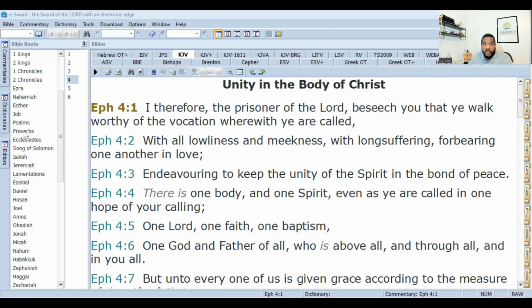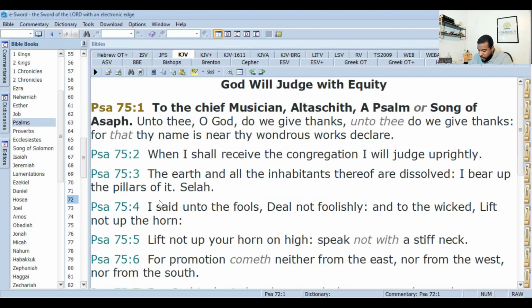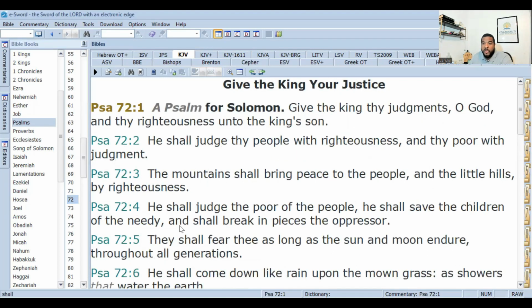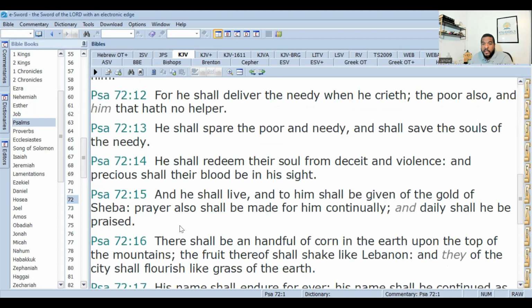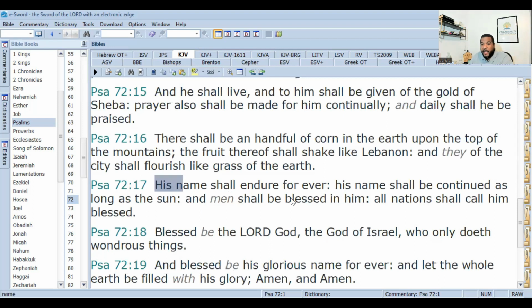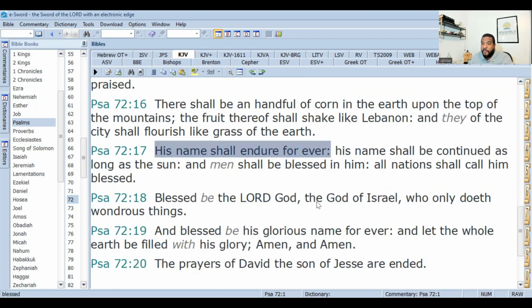So let's go to Psalm 72. Psalm 72, verse, I believe it's 17. Let's take a look at this. It says, his name shall endure forever.